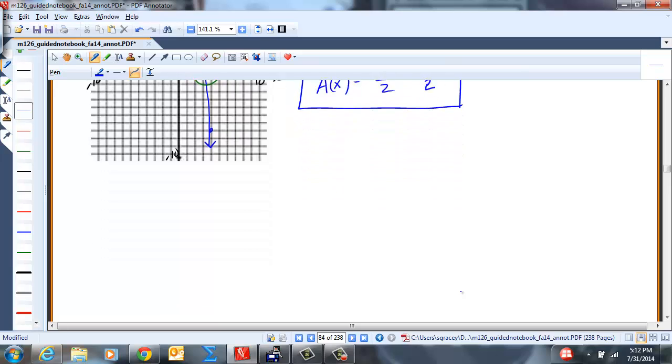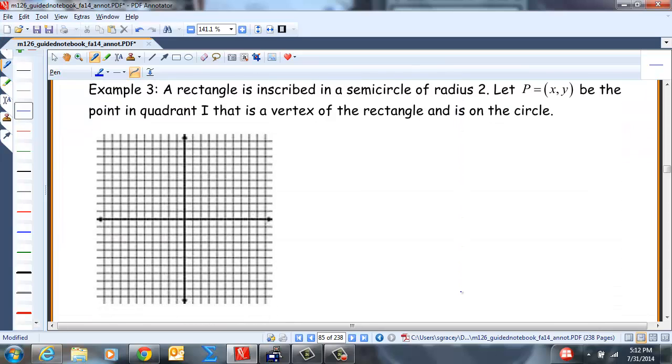Okay. Next up, a rectangle is inscribed in a semicircle of radius 2. So let the point x y be the point in quadrant 1 that is a vertex of the rectangle and is on the circle. So here we go.